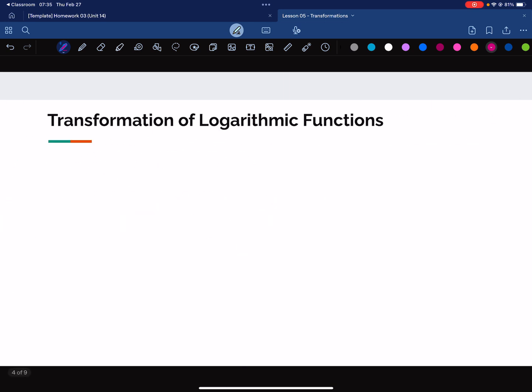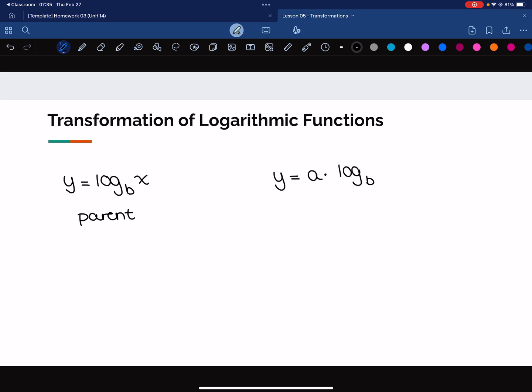So getting into what we recapped yesterday, while my parent function is log base b of x, where we know the requirements at this point, any of our transformations can look like a times log base b of x minus h, plus k. In there, all the same things are true.